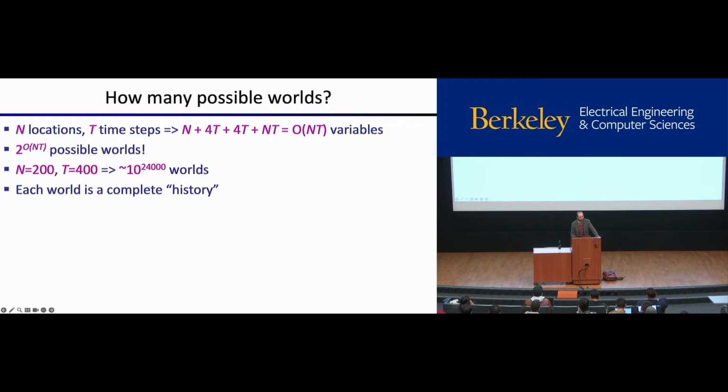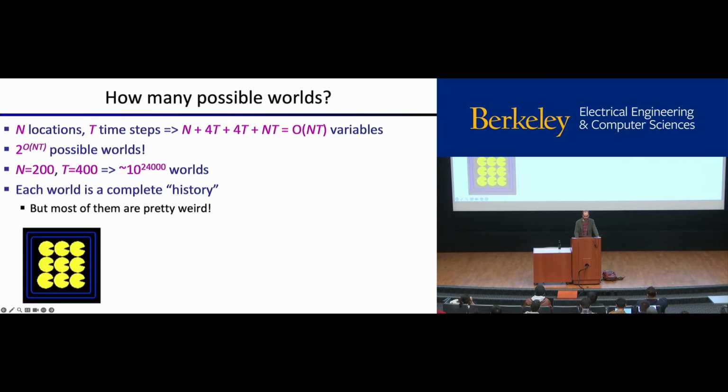And note that each world is actually a complete history. A world is an assignment of values to all the variables, including at 0, 0, 0, at 2, 4, 2. So that's going to tell you everything about where Pacman is at every possible time. But most of these histories are pretty weird. So here's a possible history that works, given what I've said so far.